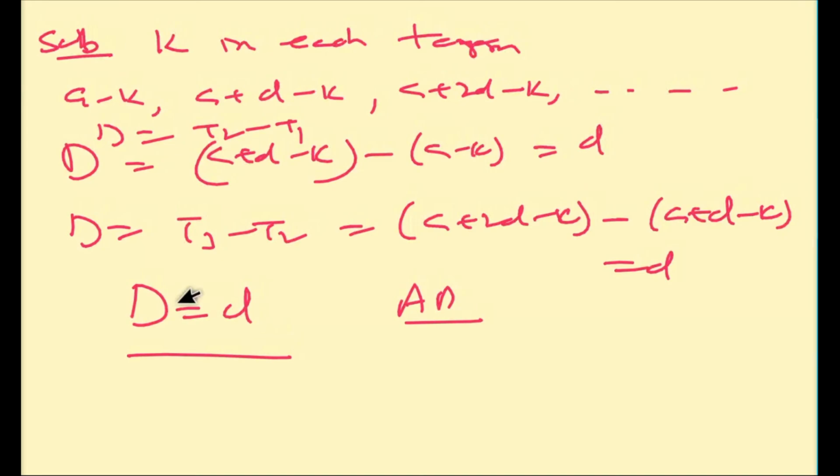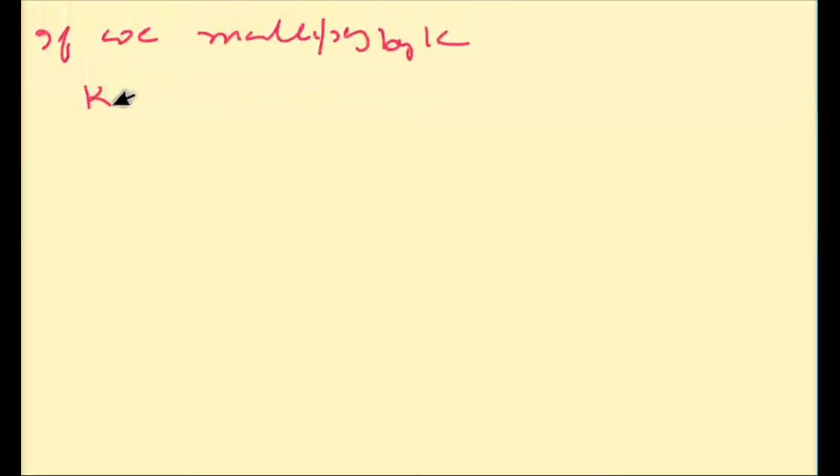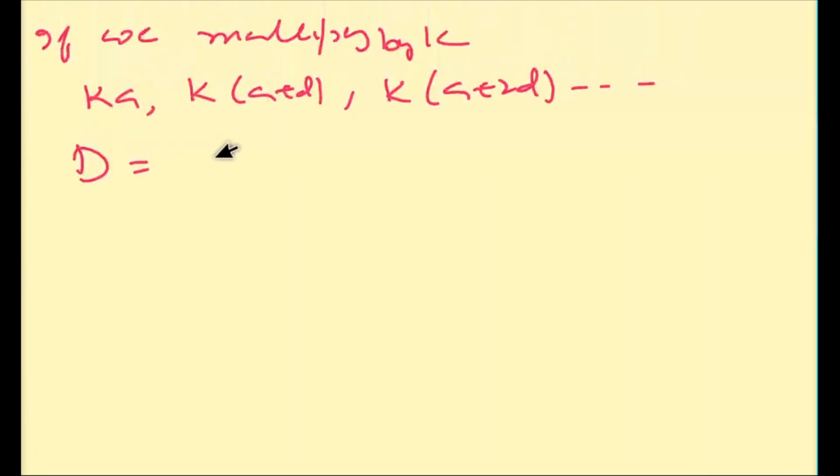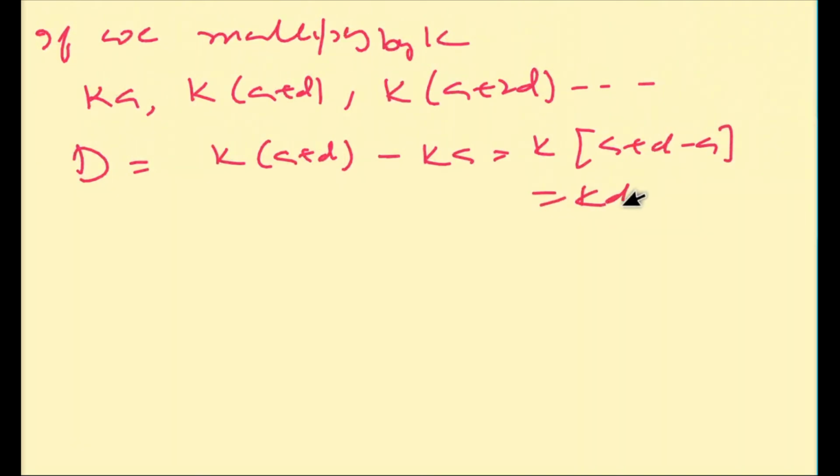Okay, now if we multiply by k, what do we get here? ka, k times a plus d, k times a plus 2d, and so on. Now t2 minus t1 is k times a plus d minus ka, taking k common, a plus d minus a, equal to kd.